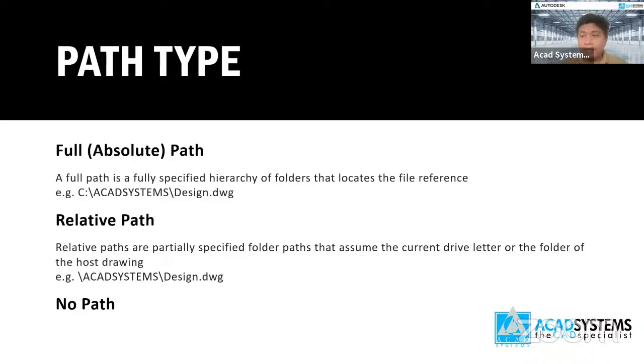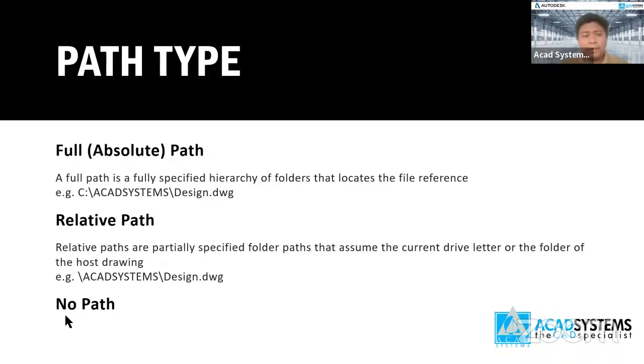For example, I have a file saved at my C drive, acadsystem, dw design.dwg. That is the absolute path example. A relative path uses a special character, for example a D drive or H drive, meaning my network. I save in that folder, and later, if I change into a different folder, it can still be read. Normally we use the relative path; that is the normal method.